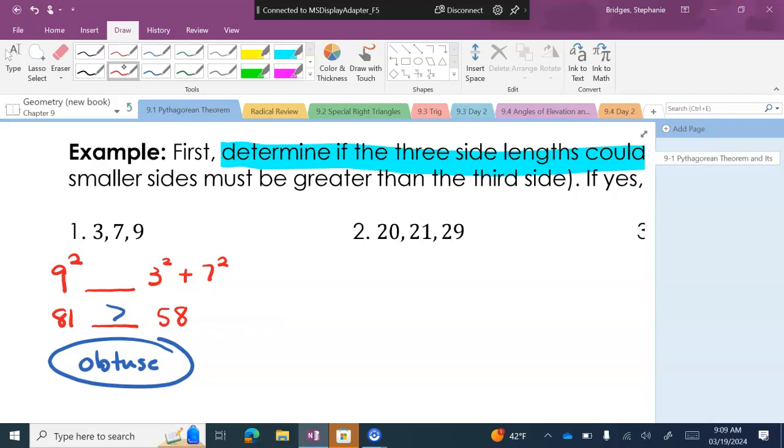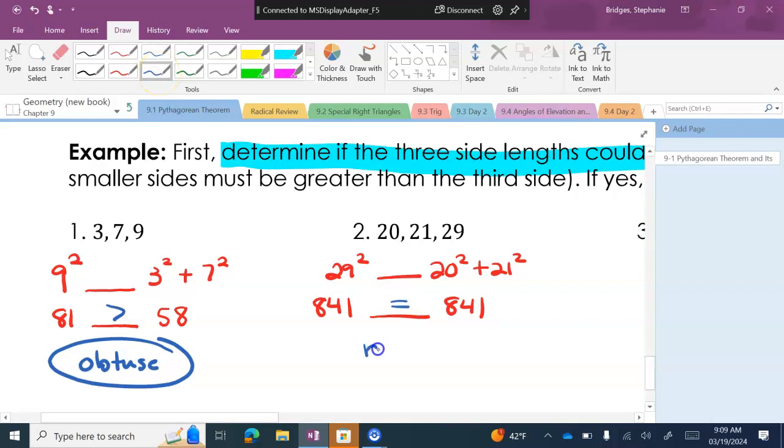Which one is C? 29. And then I'm going to do 20 squared plus 21 squared. That's how you do it the whole time. Got 841 on both sides. So they are equal, meaning it is a right triangle.